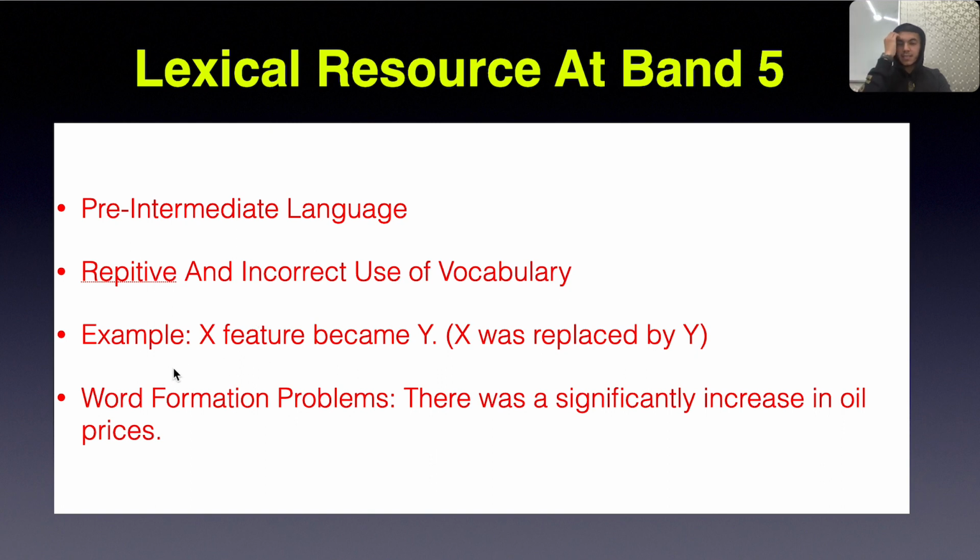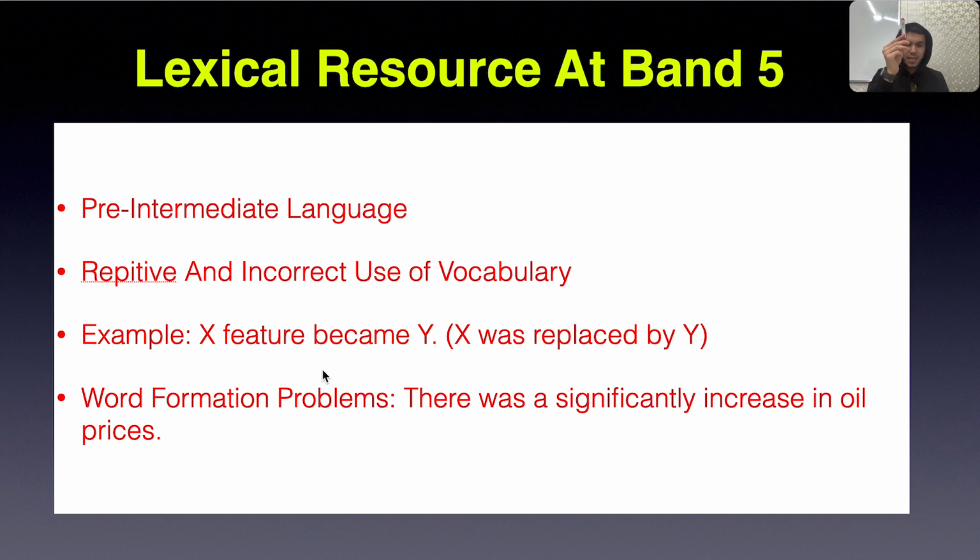So here is an example of incorrect use of vocabulary. It's often common in maps. If you say X feature became Y, it's completely incorrect. I'll give you an example. So let's say this is your house, and you're saying the house became a tall building, which is this.